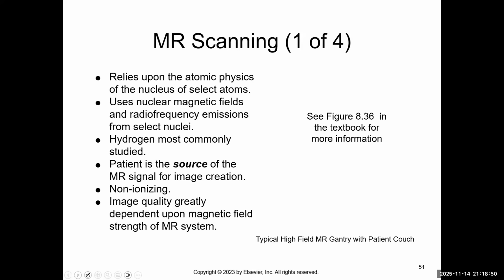Some tattoos have a metallic component, and when you get into the magnet, if it has that metallic component, it can actually burn your skin. So that is usually on the screening form. And then also any other implants, whether tooth implants, knee replacements, hip replacements, shoulder replacements, etc.